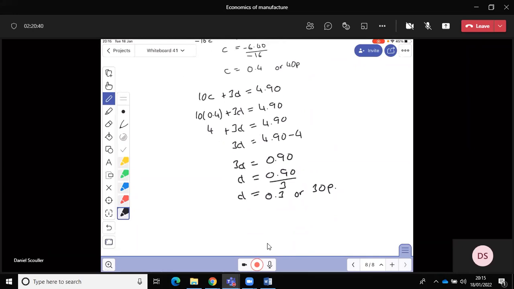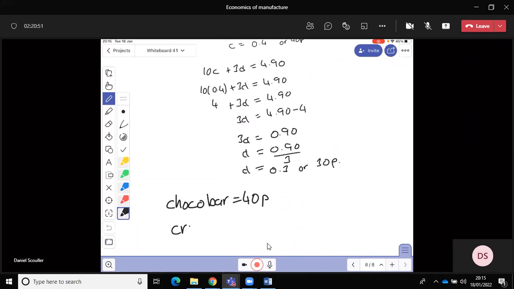So chocolate bar equals 40 pence, crisps equals 30 pence.